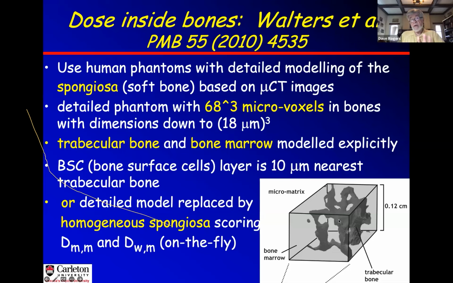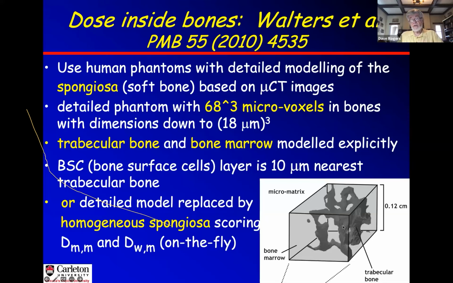So they actually did this very detailed calculation to look at what the dose was that the bone surface cells were getting. And then they did a second calculation where they said, okay, instead, let's just pretend we have a CT scan where we have the average material in this 1.2 millimeter cubic voxel.